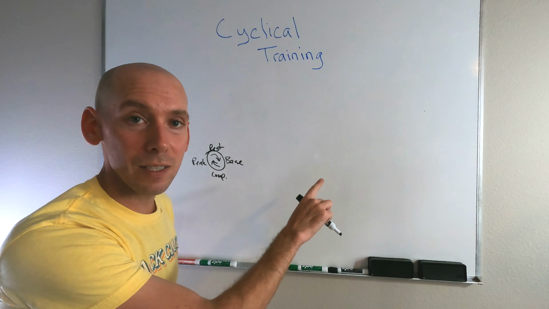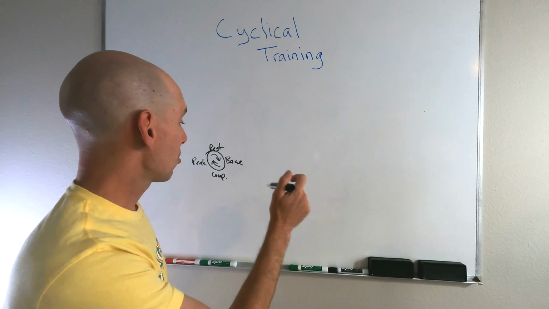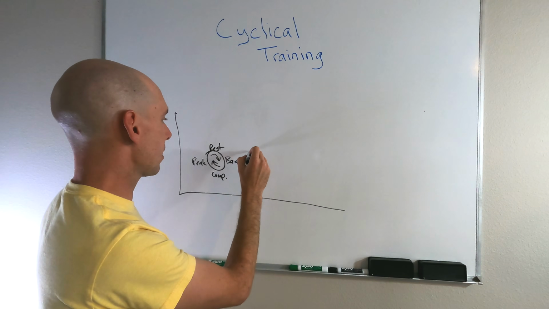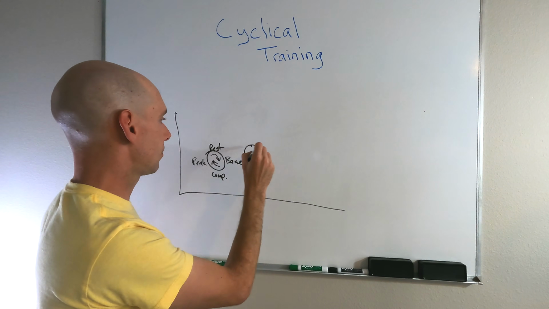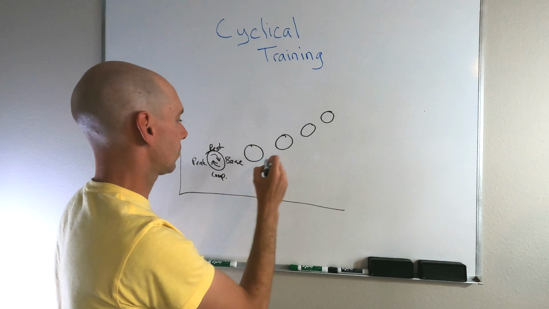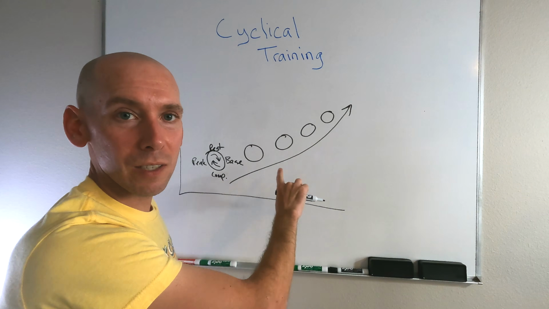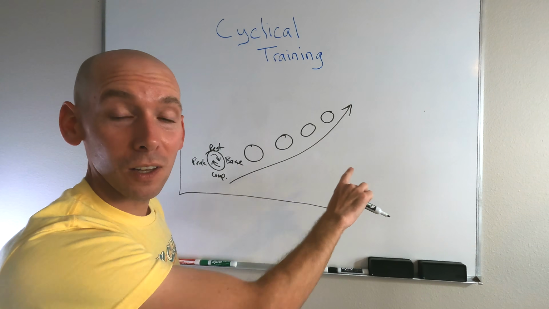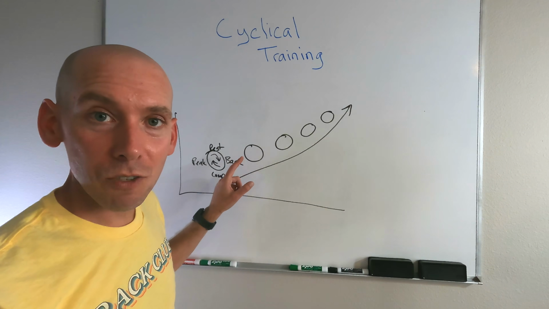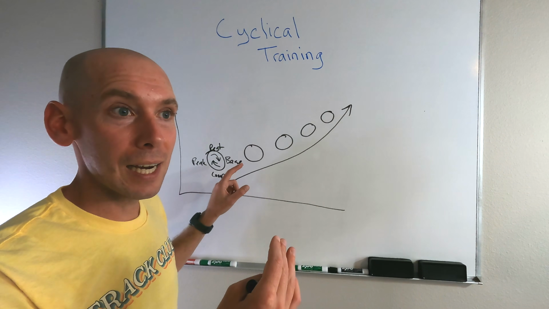From season to season, the difficulty of all this should slightly increase, so that the next time you do a training cycle, as you complete training cycle after training cycle after training cycle, hopefully your mileage is increasing, your workouts are becoming more consistent, more frequent, more challenging.